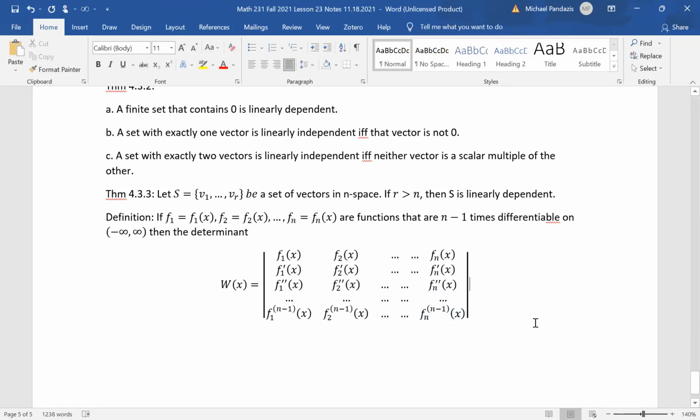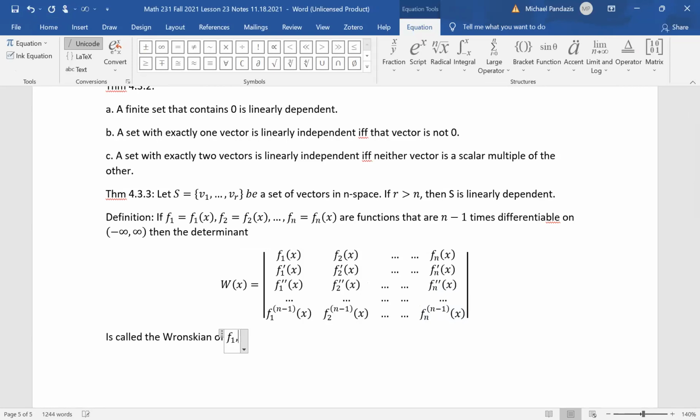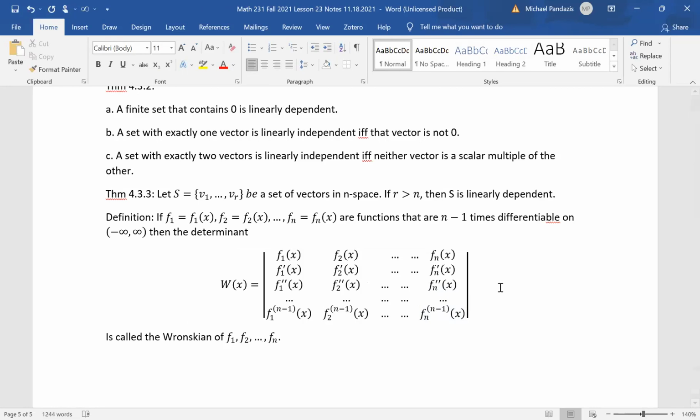Okay, so then this determinant is called the Wronskian of f1, f2, dot, dot, dot, f sub n. These are functions that are n minus 1 times differentiable, so for each of these functions you can take the first derivative, second, up to and including the n minus first derivative.